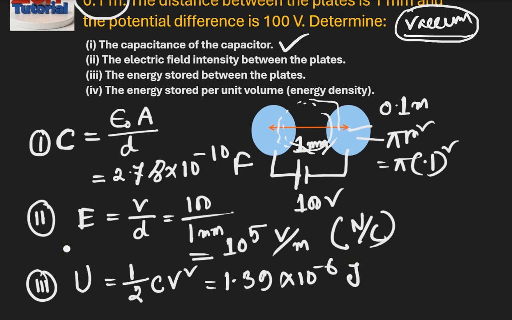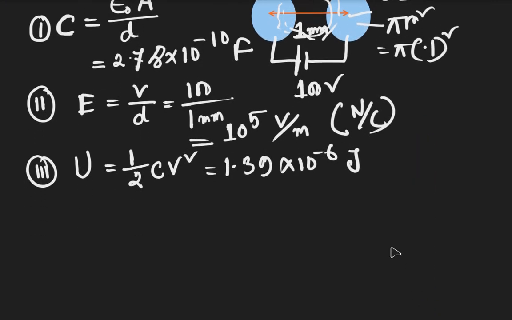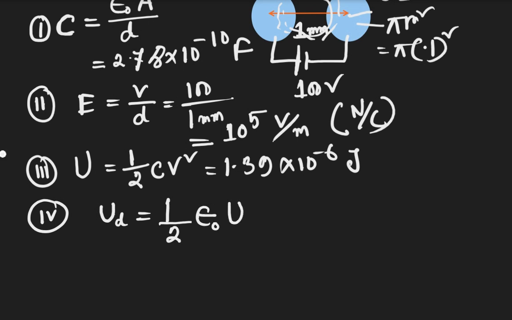Last one, the energy stored per volume. It means that we have to determine the energy density of the capacitor or the parallel plates. So number 4, the per volumetric energy, let's say this is the density, so U D is equal to half epsilon naught E square.